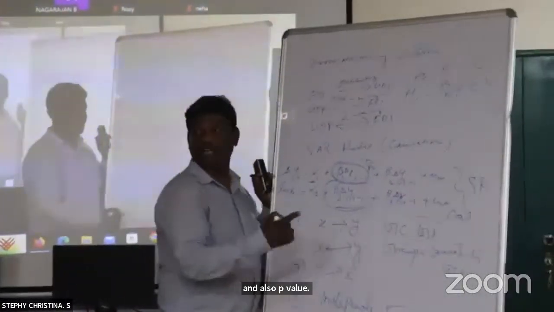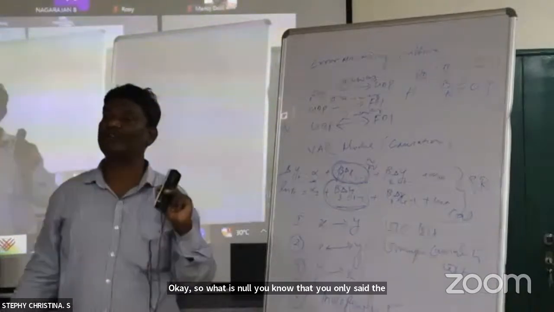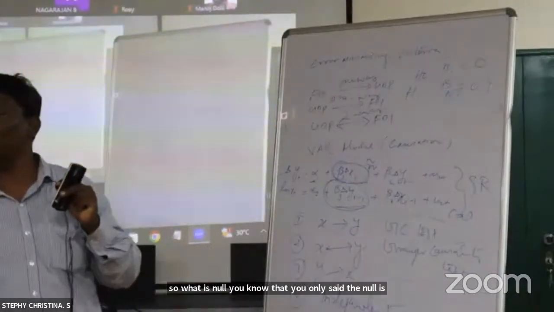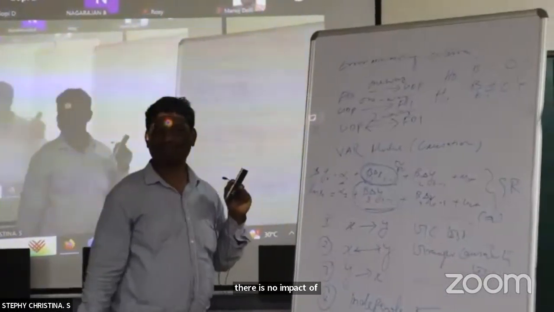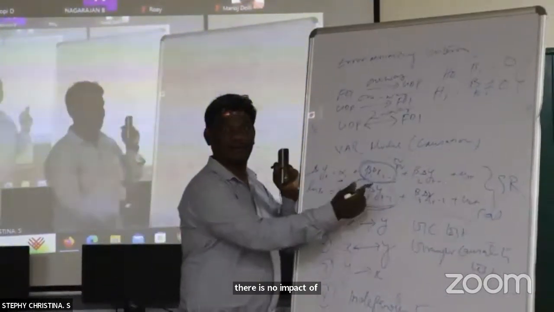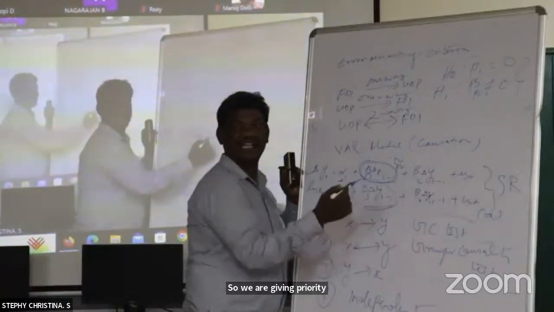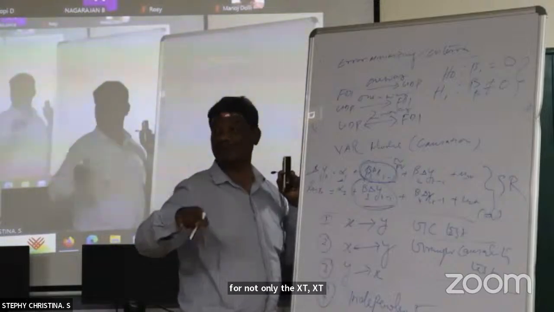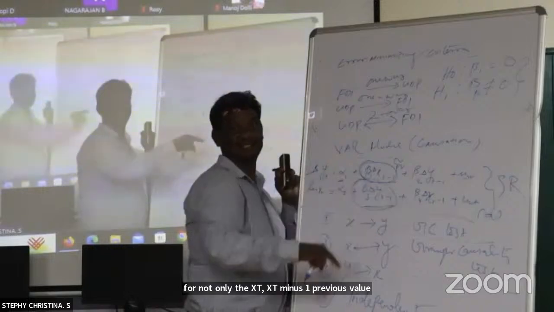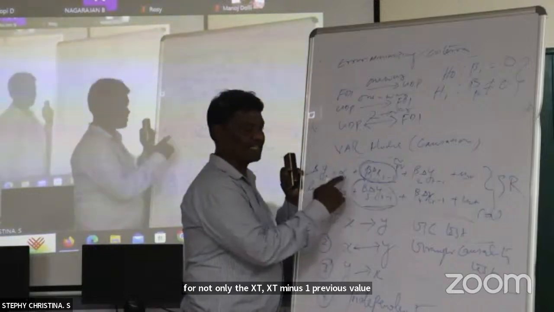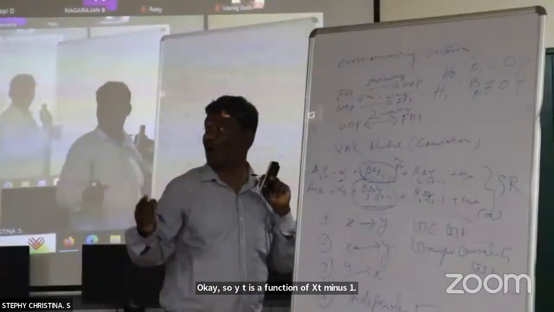So what is the null? You said the null is there is no impact of Xt on Yt. We give priority not only to X(t-1), the previous value, but to the lag model, the previous values of Xt. So Yt is a function of X(t-1) and it will go on. The lag length will go on.